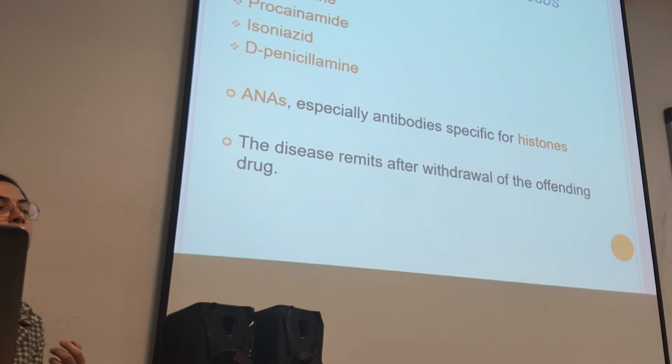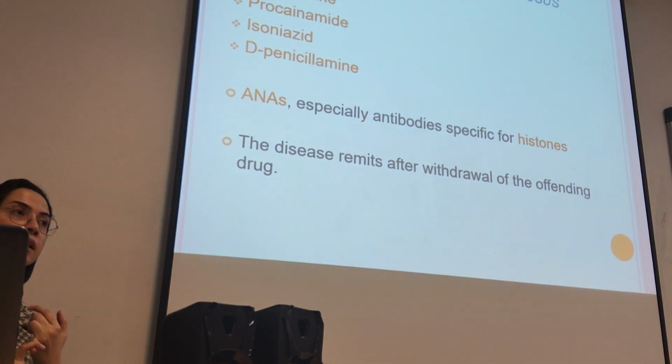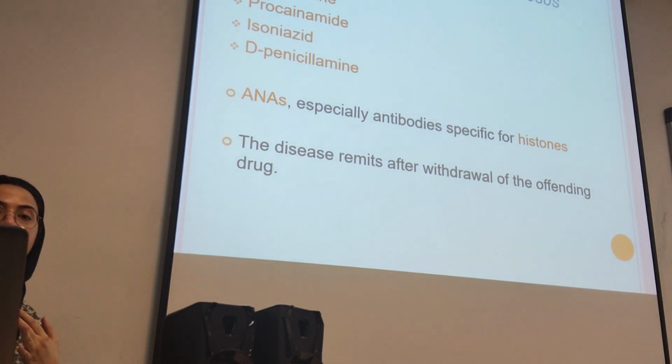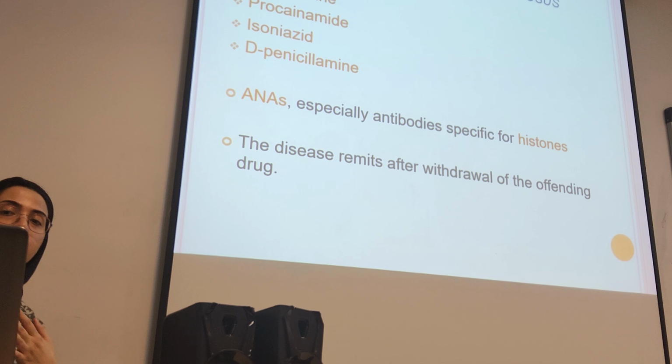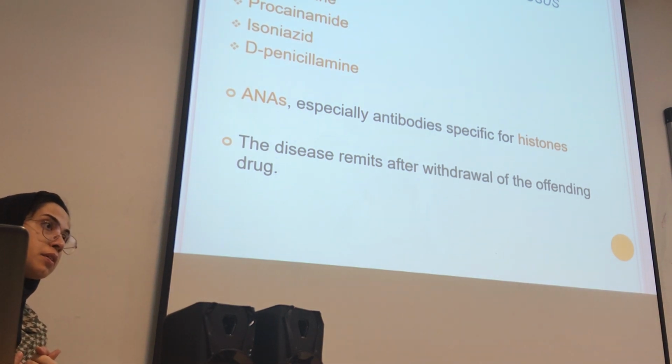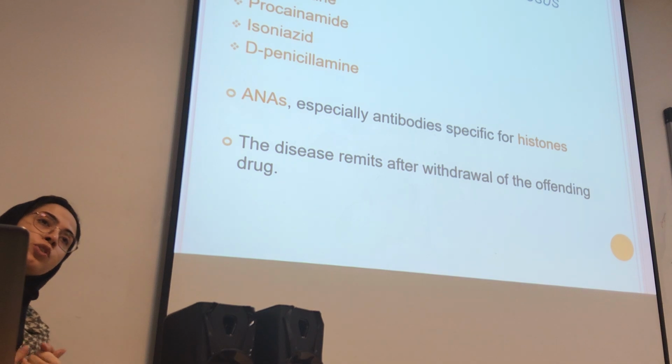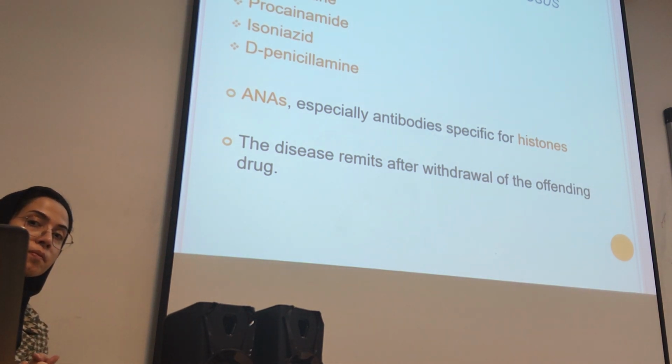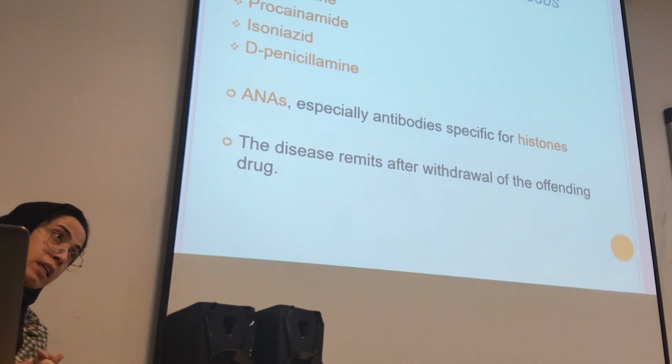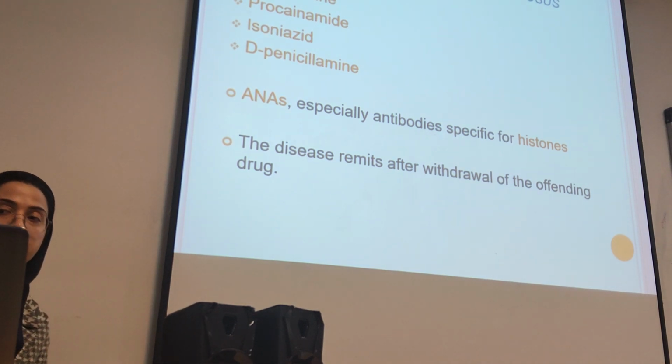We also have positivity of ANA in drug-induced lupus, but a specific antibody in drug-induced lupus is anti-histone antibody. And what is the treatment of drug-induced lupus? You should stop that medication.